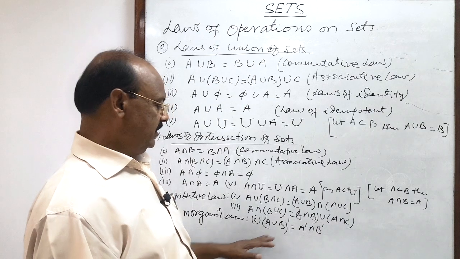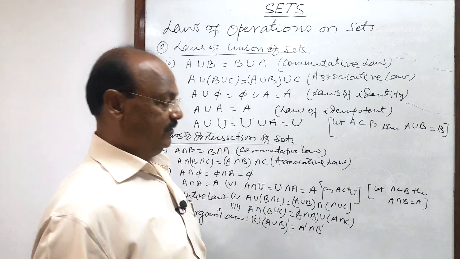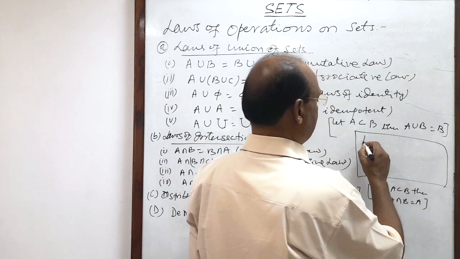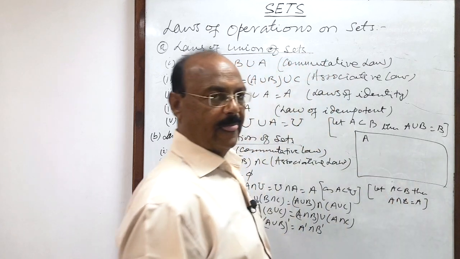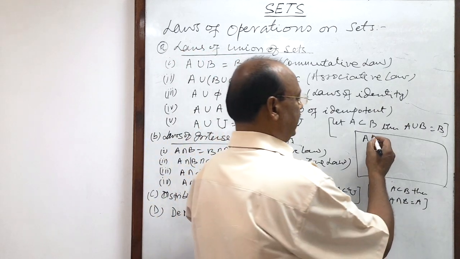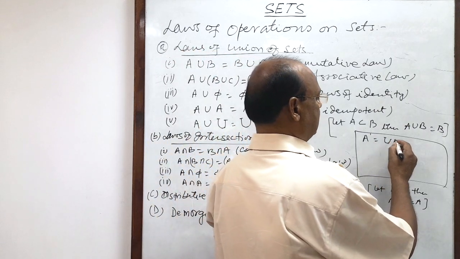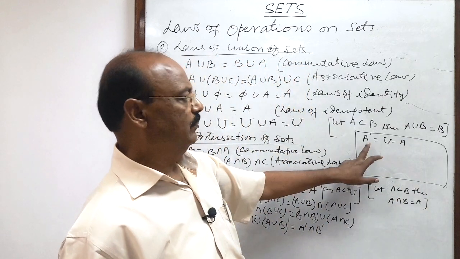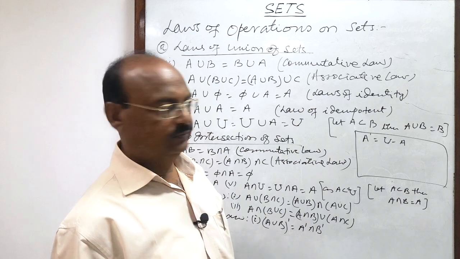So first of all, let us try to understand what a complement is. What is the complement of a set? Suppose set A is here, and you know what the universal set is. So A complement is equal to universal set minus set A. This will be A complement. Okay.